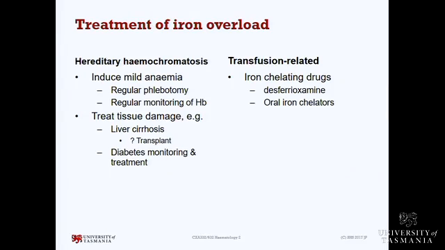The trouble with desferrioxamine is it is a subcutaneous injection, and so it's not particularly pleasant to keep having these subcutaneous injections all the time. So there are other oral iron chelators coming onto the market that are certainly more acceptable to the people who have to take them.